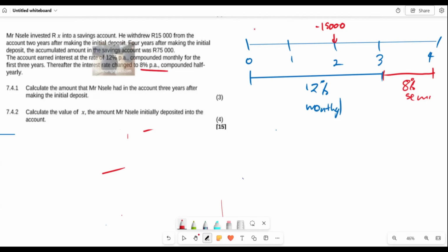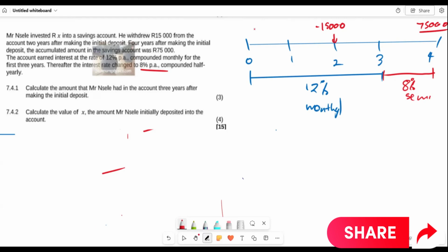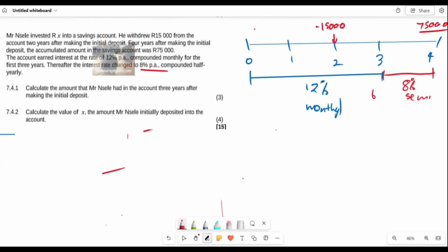After this, the amount accumulated to 75,000, so the amount of money you have is going to be 75,000. The nice thing is that we already know that at year number 3 we had 69,341.72.